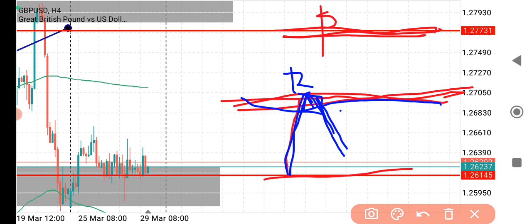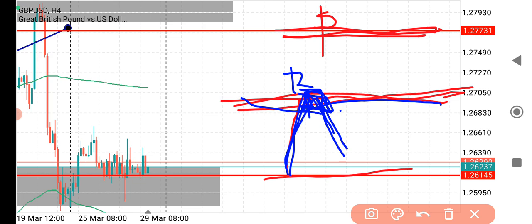So what entry rule do we get? Number one, because this resistance is in our higher time frame, for us to make our entry, we need to get a reversal signal. And what is a reversal signal? We need to get a candlestick pattern or a chart pattern.